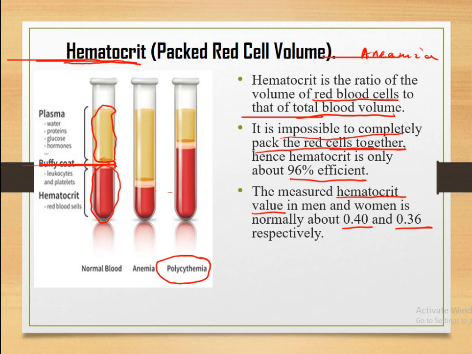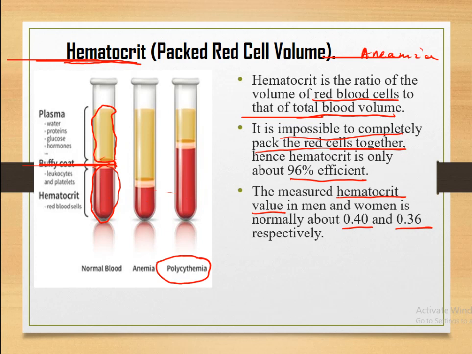This is why I stated in the previous slide that the hematocrit value, the total blood volume, and other things we are discussing depend on the weight, on the gender, and on various factors.